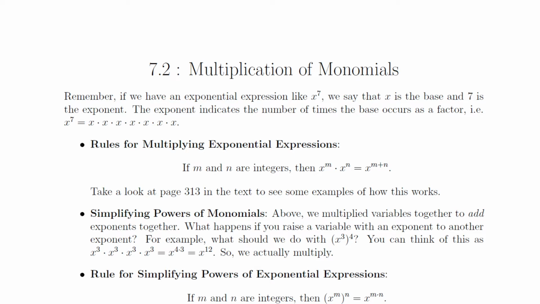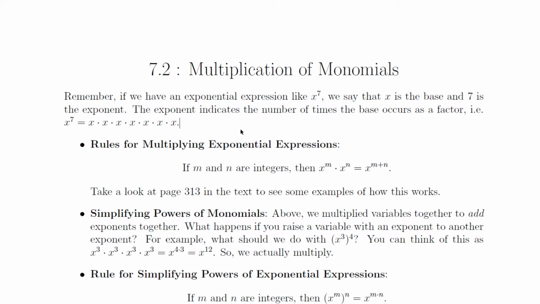When we have x to the 7th, x is the base, whatever is being raised to a power. 7 is the exponent. The exponent indicates the number of times the base occurs as a factor, so x to the 7th is x multiplied by itself 7 times.